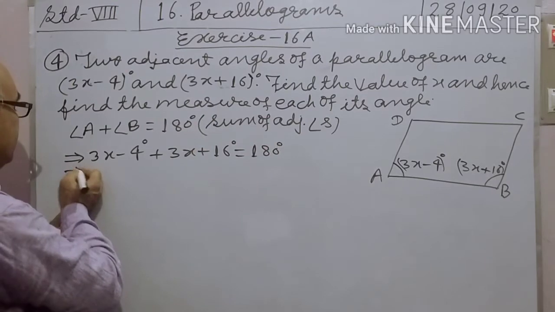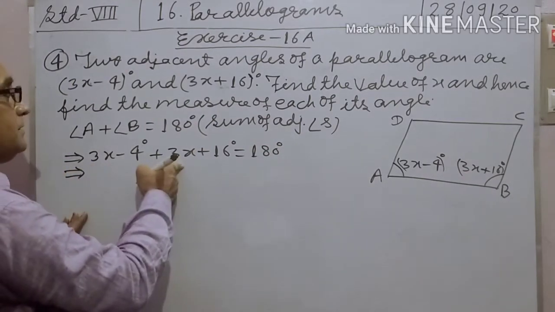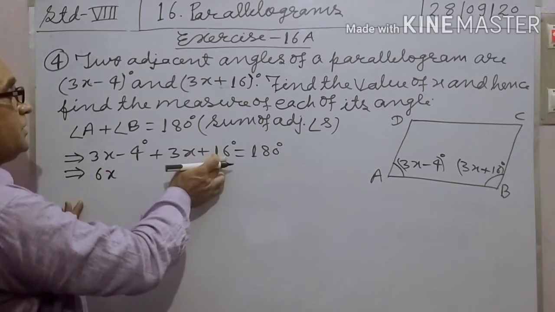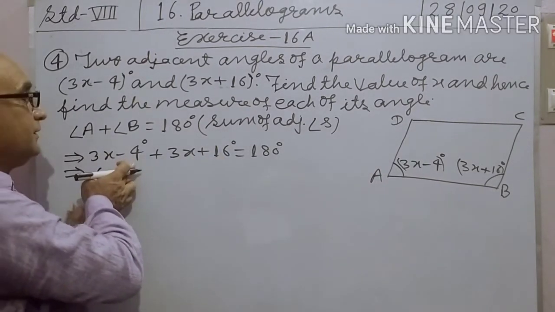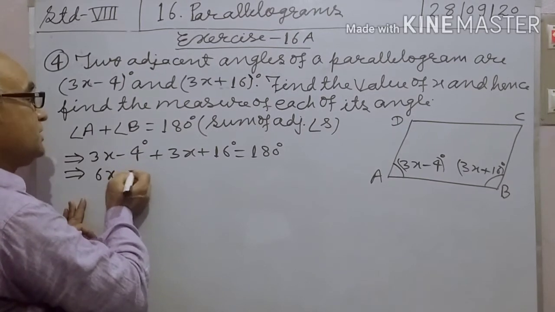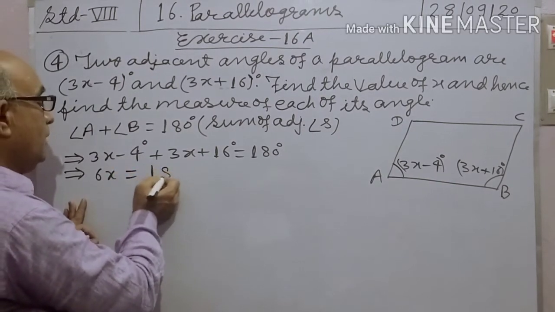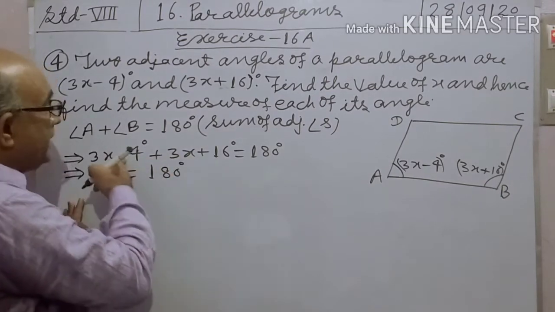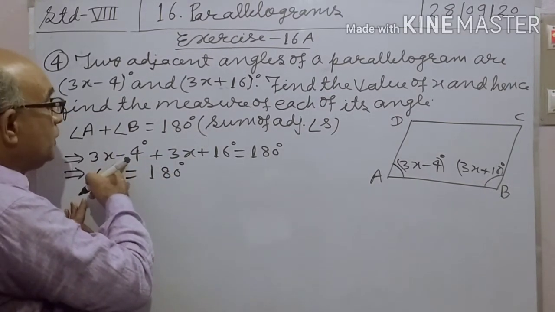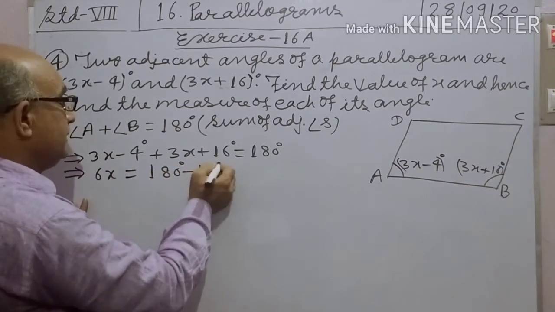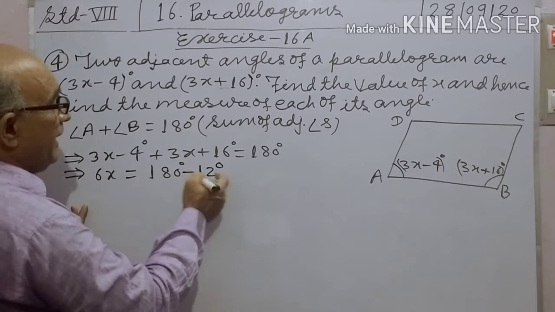Solve it. 3x plus 3x equals 6x. 16 degrees minus 4 degrees equals 12 degrees. So 6x equals 180 degrees minus 12 degrees, by transposition changing into minus 12 degrees.